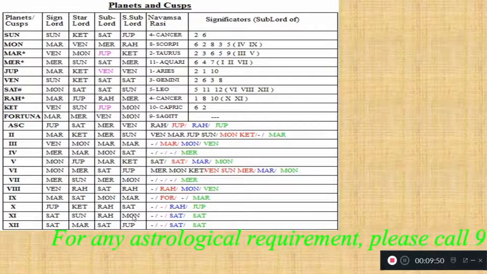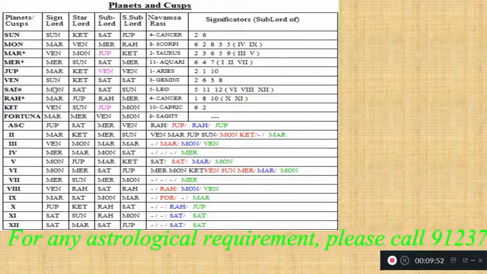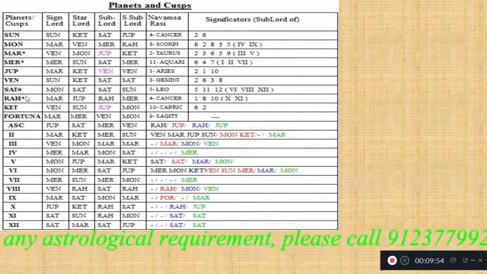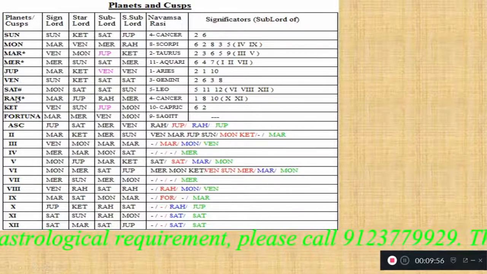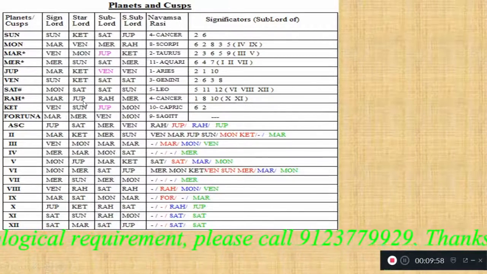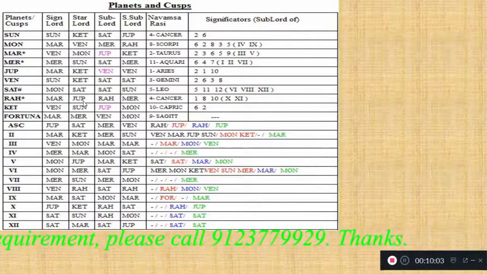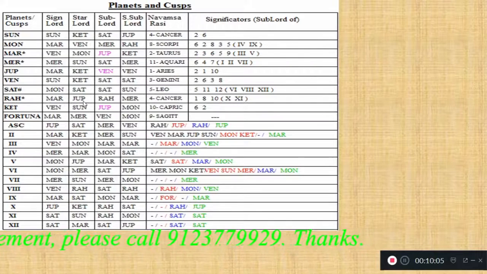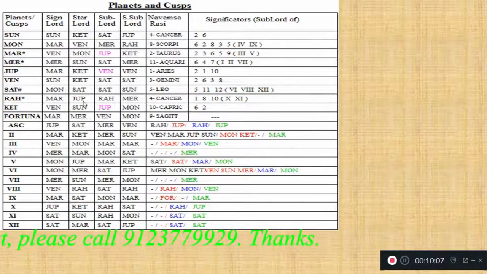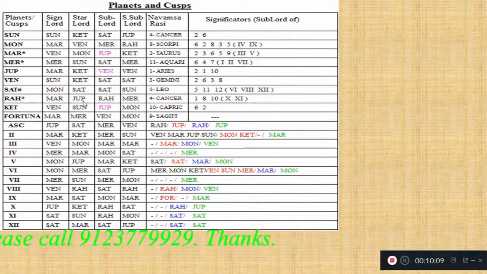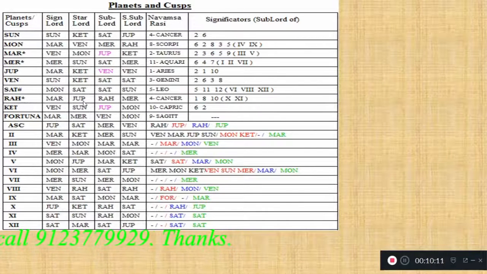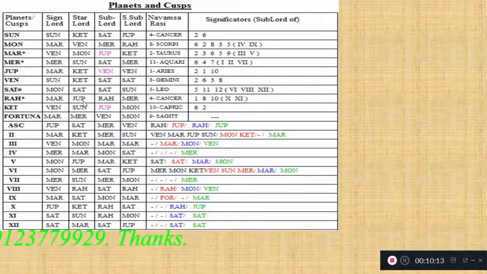Please follow my cursor further. We can clearly see here that Rahu is in the star of Jupiter. Every planet gives the result of its star lord. So Rahu gives the result through Jupiter. So the co-rulers of 11th house are Saturn, Sun, Rahu in the star of Jupiter, and Moon.